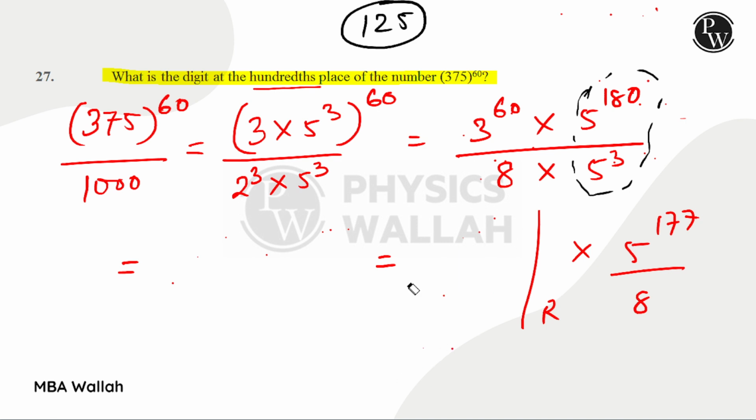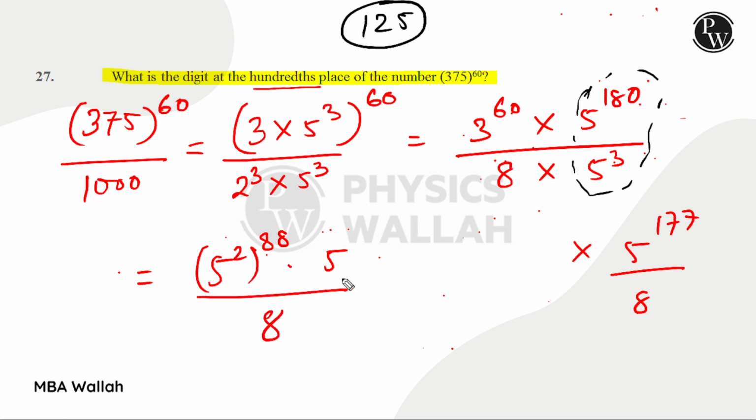So 5 raised to the power 177 can be written as 5 raised to the power 2, that gives me 25, and then I can raise it to the power 88, that will give me 176, and an extra 5, because 177 is an odd number, divided by 8.